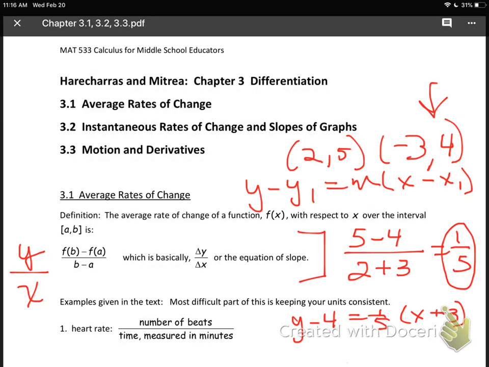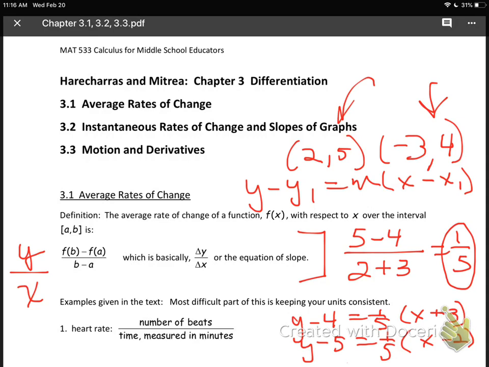A second expression, if I use the first point, will be y minus 5 equals 1/5 times x minus 2. Now the nice thing about this is that these are both the exact same lines. So that's kind of a fun exercise for your kiddos to show that you can write equations of lines and they actually look different. If you convert this into the y equals mx plus b form, you'll see that they're the same line, and I'll leave that for you if you want to prove that to yourself.